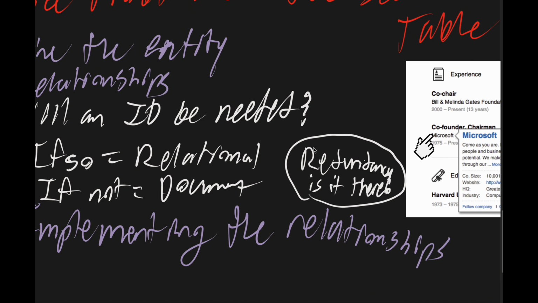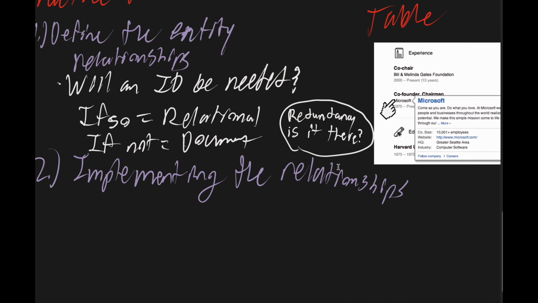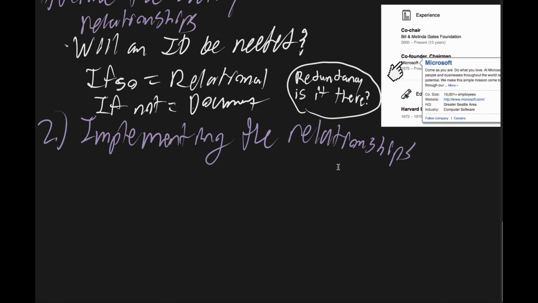Is there redundancy? And if it is, we go relational. If not, we go document, and then we implement the relationship accordingly.